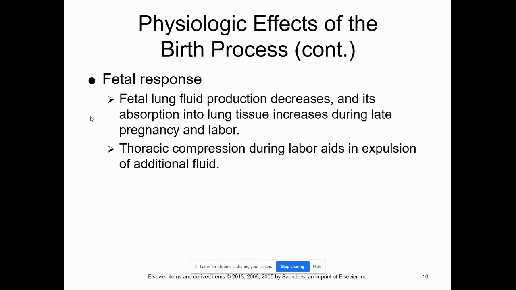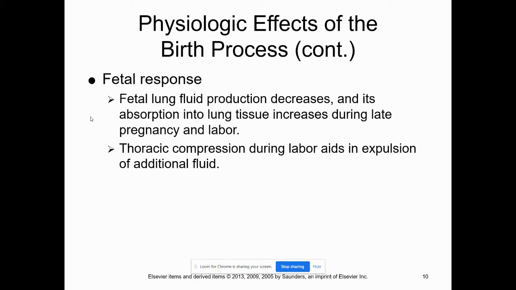The thoracic pressure that occurs to the baby as it's being squeezed through the vaginal canal, as it's being born, helps to expel into surrounding tissues any remaining fluid that didn't get absorbed in the late term or during the labor itself.